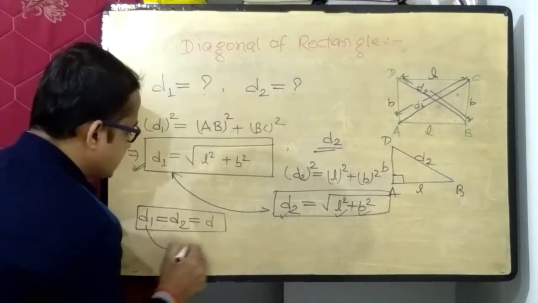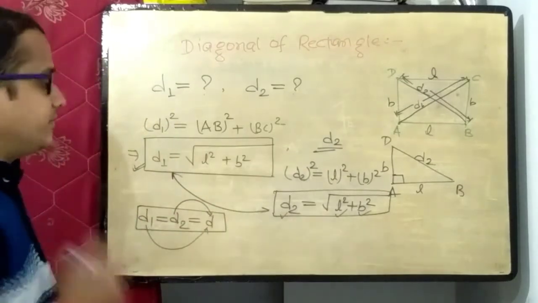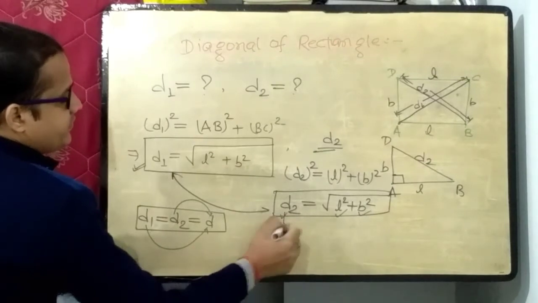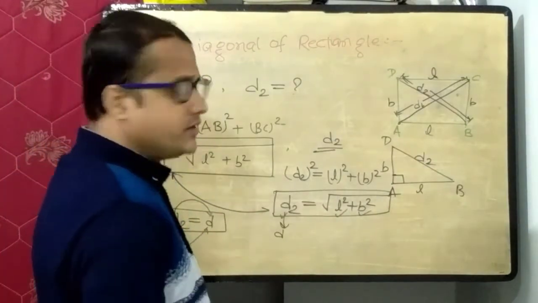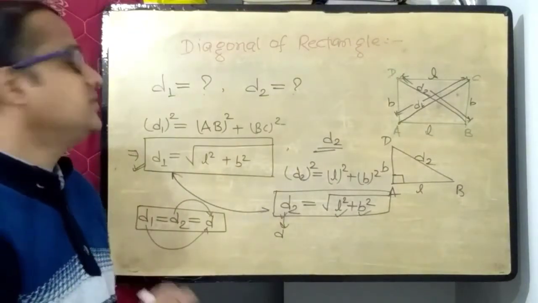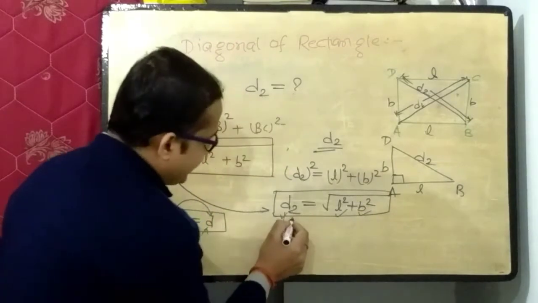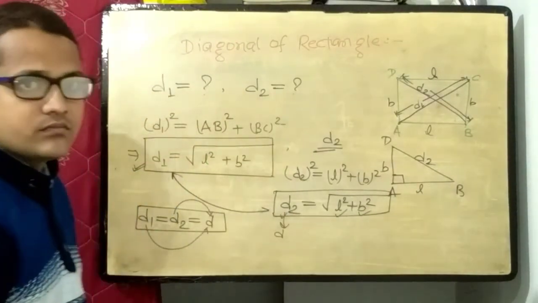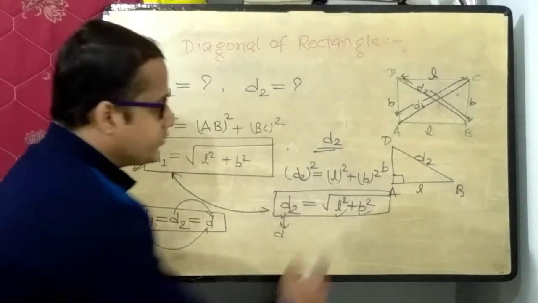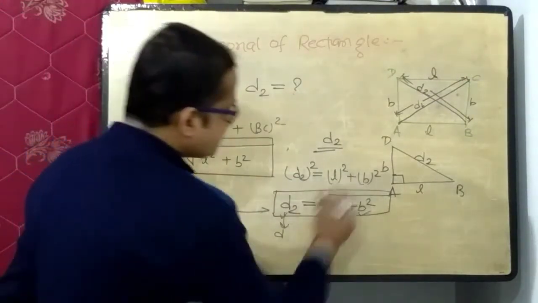So we consider D1 equals D as well as D2 equals D. Out of these three variables D, L and B, if I provide you any two variables, then you can easily find the third variable. Suppose we provide you D and L, and you have to find out B. Then what procedure will you follow?